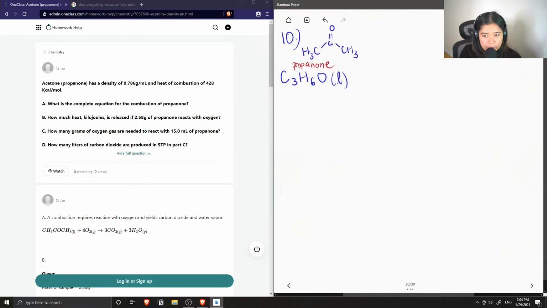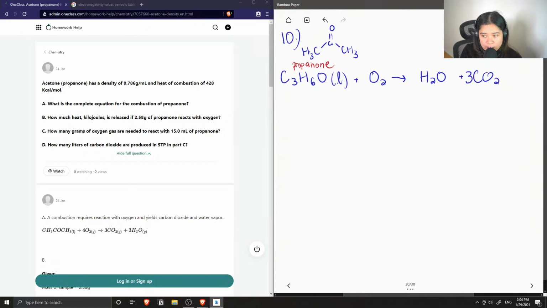And when we have a combustion reaction, this is reacted with oxygen gas, and the products are water plus carbon dioxide. So when balancing out this equation, we first need to balance out our carbons. So we have 3 carbons on our reactant side, so we need 3 carbons in our product side.